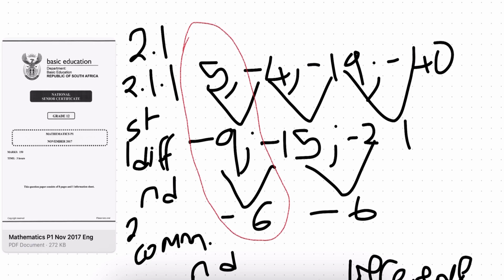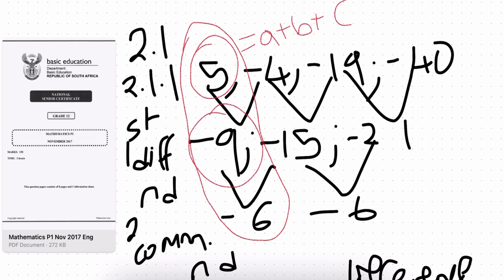You need to know that the first number, the one at the top, you equate it to a plus b plus c. And the second number, this one here, you equate it to 3a plus b.